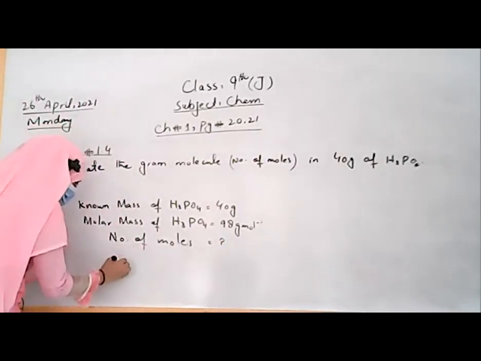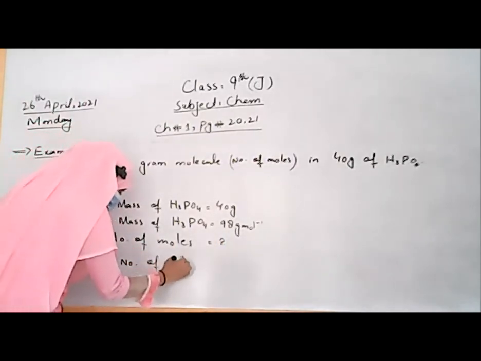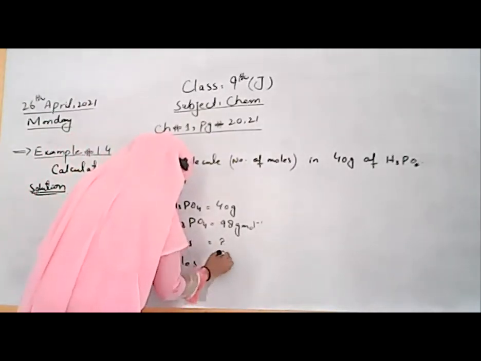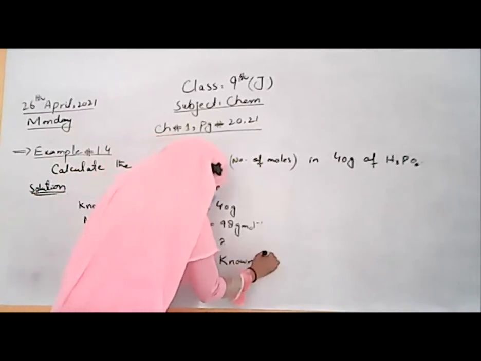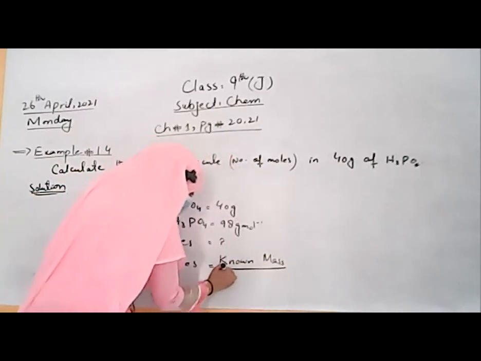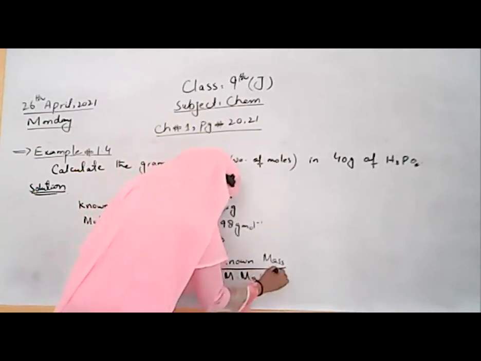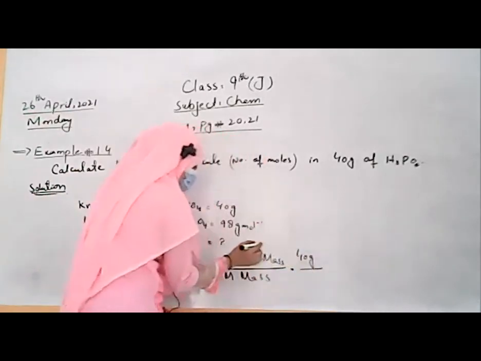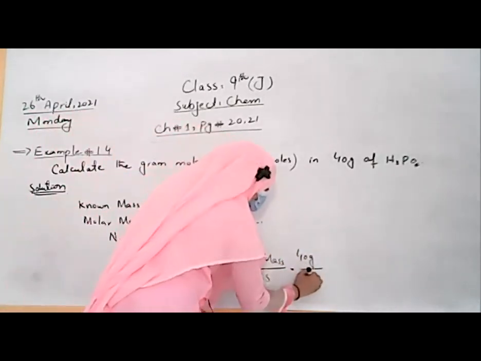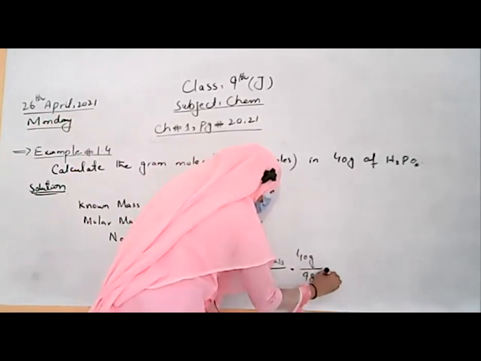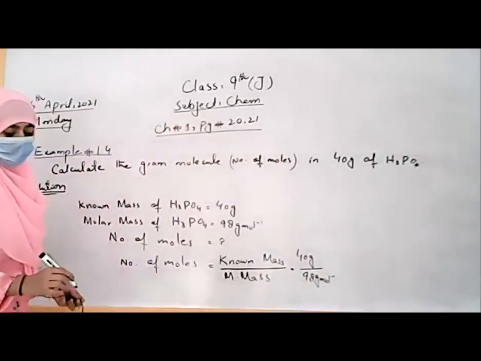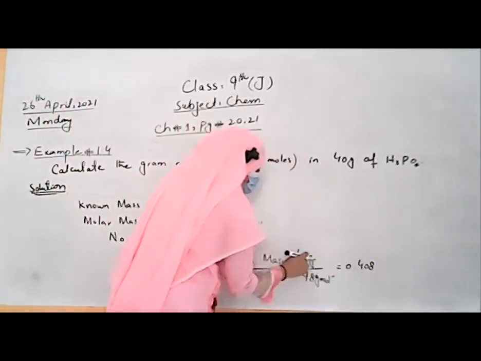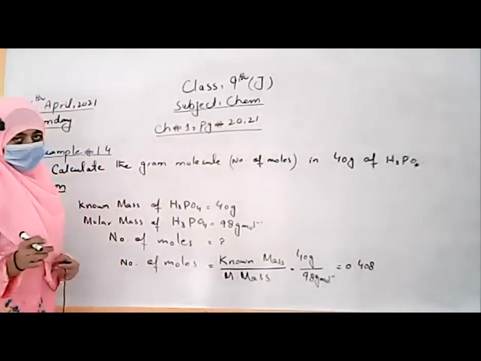We know that number of moles is equal to given mass of a substance divided by molar mass of a substance. The given mass is 40 gram and the molar mass is 98 gram per mole. The answer is 0.408. 40 divided by 98 is equal to 0.408.